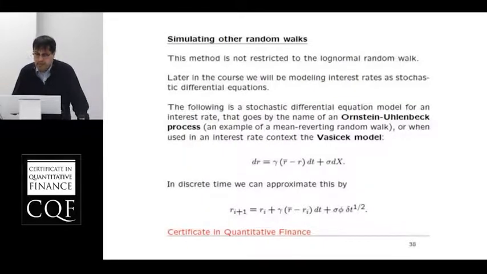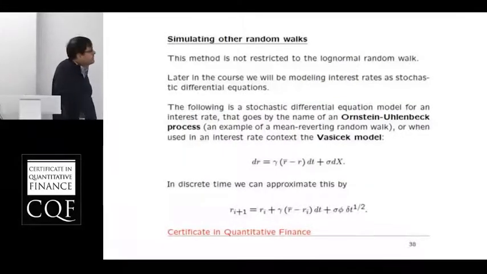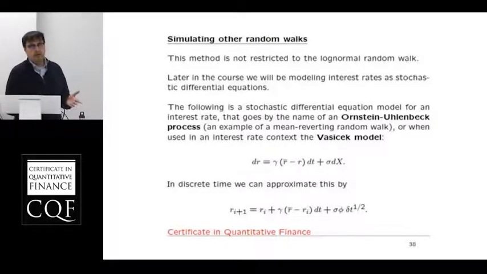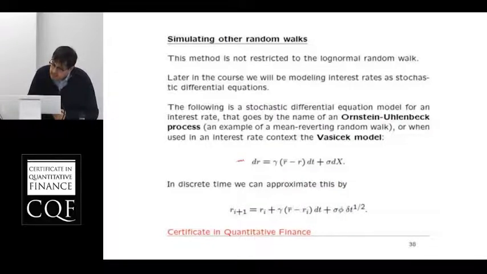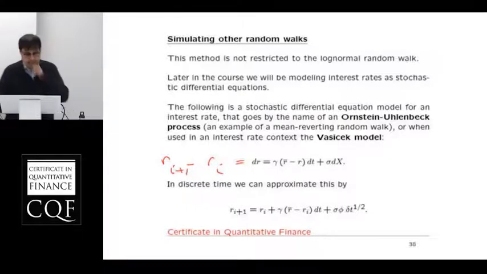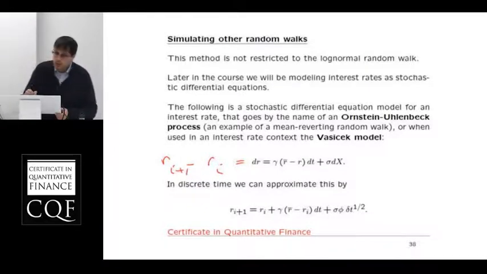Simulating other random walks. Here is Vasicek. So you can use this Euler method to simulate any random walk or stochastic differential equation. So dr is r(i+1) minus r(i) equals all of that. What we're going to do is simulate it in this form.